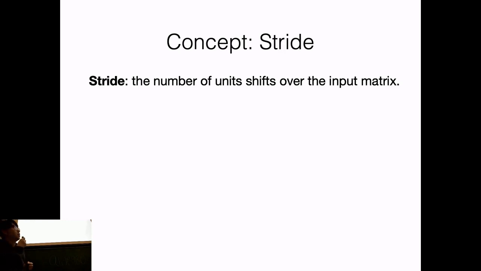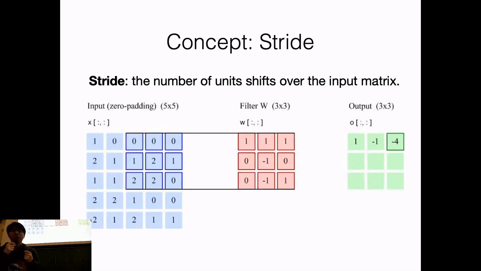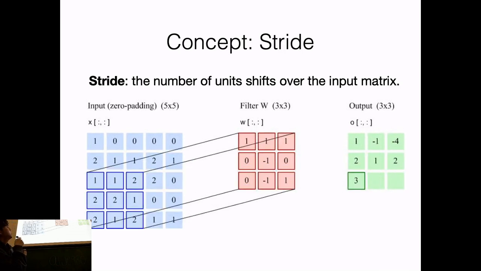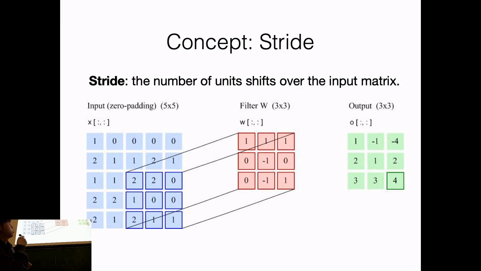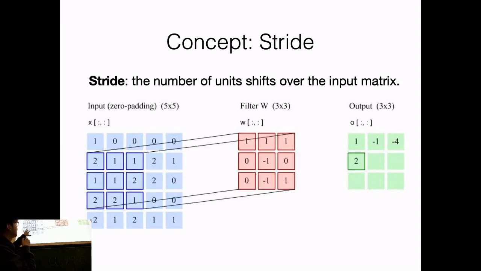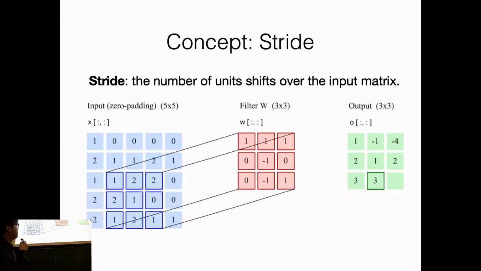The stride is very easy, just defined as the number of units shifted over the input vectors. Here you can see this figure just shows the case of stride size equal to 1. So you will find the window slides one step or one unit at a time.